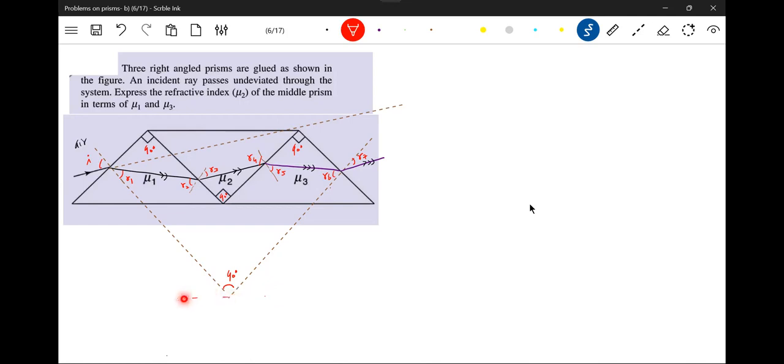This line is not needed. Let's get into it. From this, R1 plus R2 should be 90 from the prism concept. Similarly, R3 plus R4 should be 90. Similarly, R5 plus R6 should be 90.